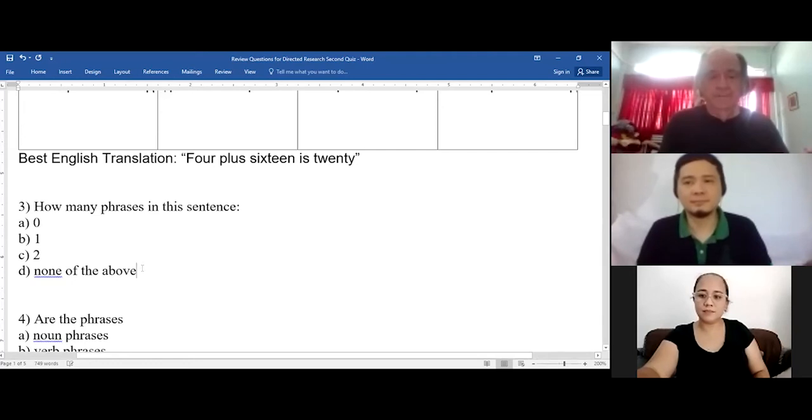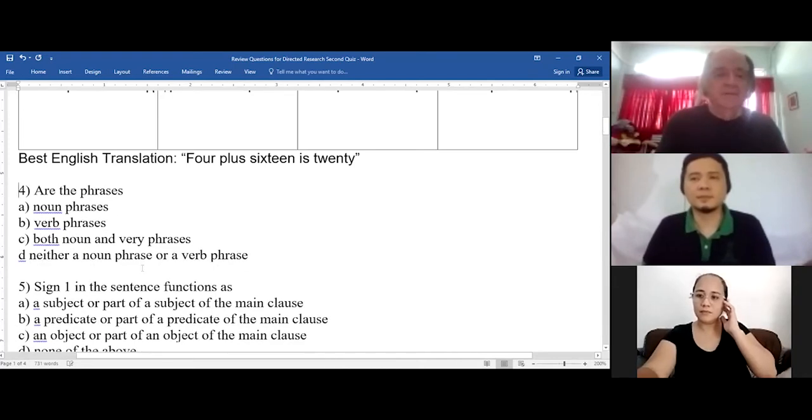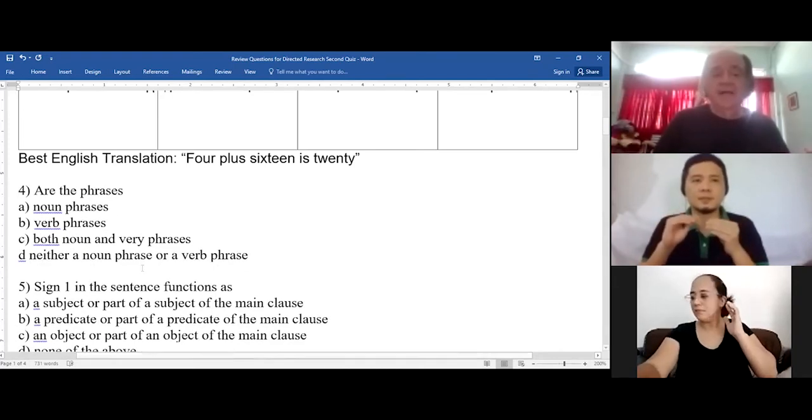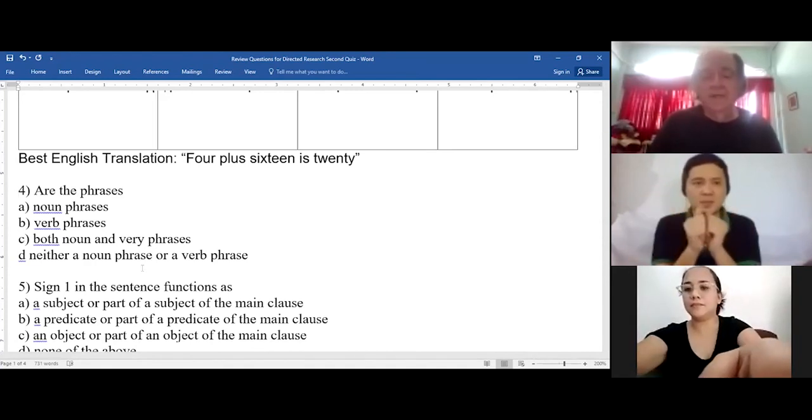Are there phrases? There are no phrases, so we have to answer D to this question: neither a noun phrase nor a verb phrase.